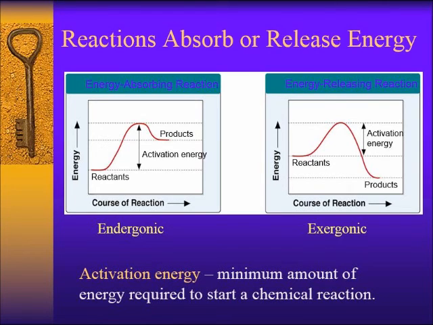In the exergonic reaction, the energy starts at some point, and the products at the very end of the reaction have less energy. But notice that in both cases, the line goes up from the reactants. The line doesn't come down as far for the endergonic reaction, and the line comes down even further than the reactants in the exergonic reaction. But that doesn't negate the fact that in both of these reactions, the line goes up at first.